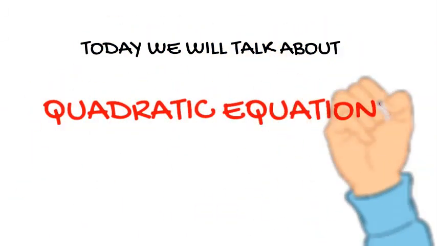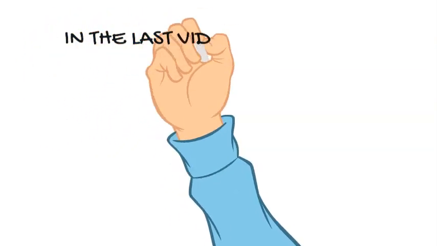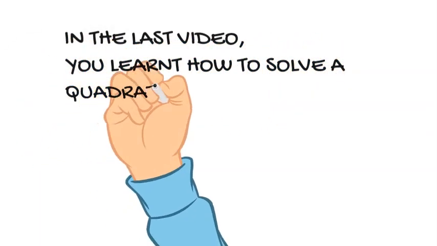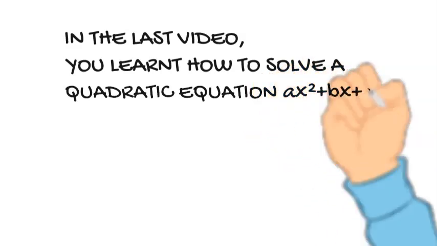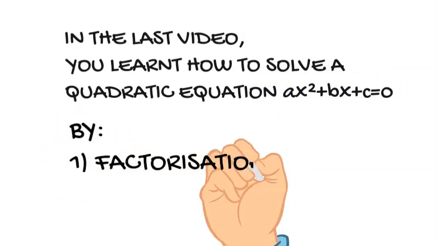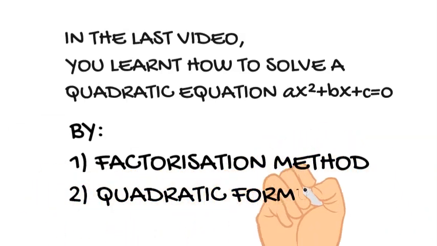Today we will talk about quadratic equations, different types of word problems. In the last video, you learned how to solve a quadratic equation ax squared plus bx plus c is equal to 0 by factorization method and quadratic formula.